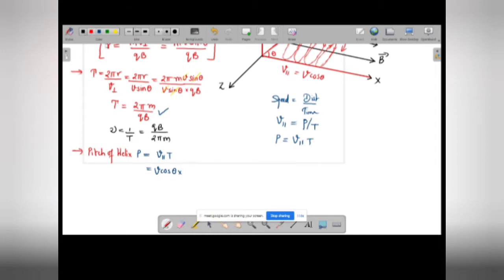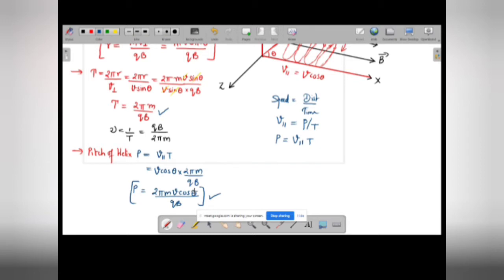What is going to be the expression for pitch? Pitch is going to be equal to 2 pi m v cos theta divided by q into B. This is the expression for the pitch.